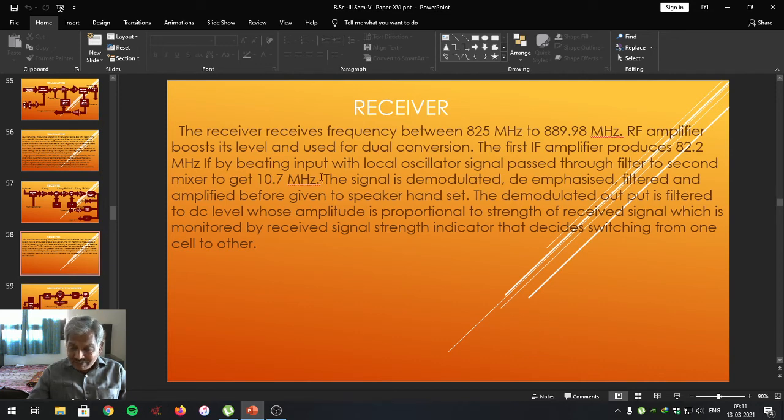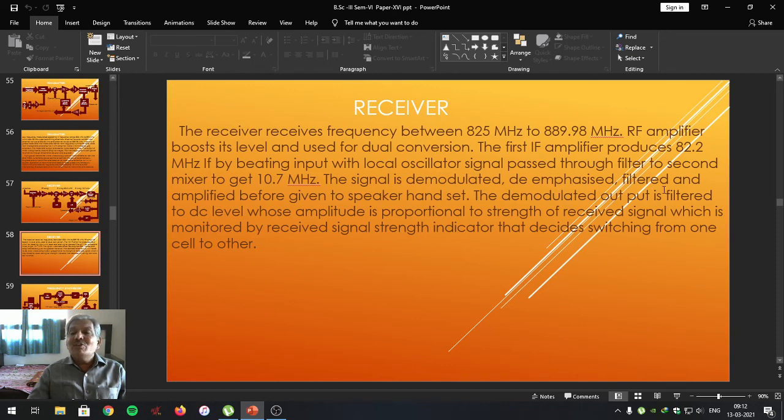So this is our final intermediate frequency. The signal is demodulated, de-emphasized, filtered and amplified before being given to the speaker of the handset, from where you can listen to the acoustic voice signal from the person who wants to communicate with the other person.